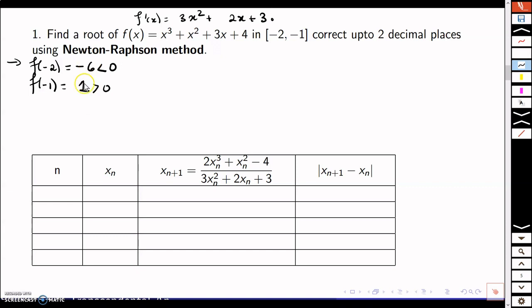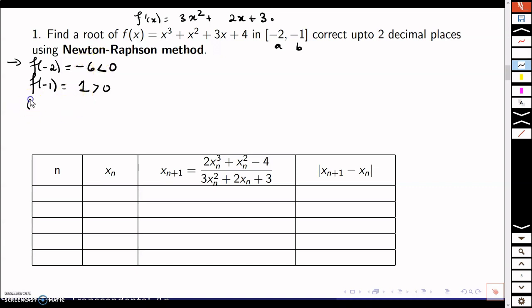Then to start with the first approximate root, you pick up that value, either a or b, such that the value of the function at that point is closer to 0. And from here it's clear that 1 is closer to 0 compared to -6.